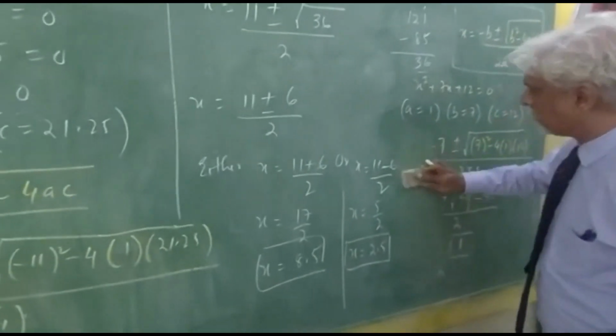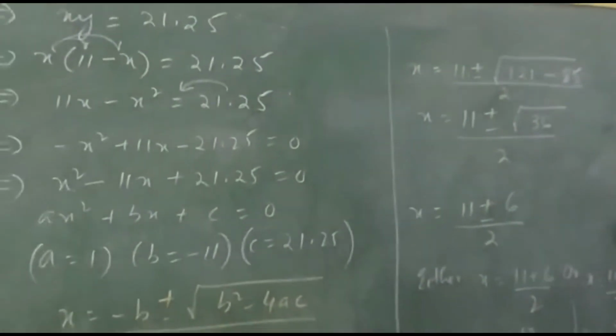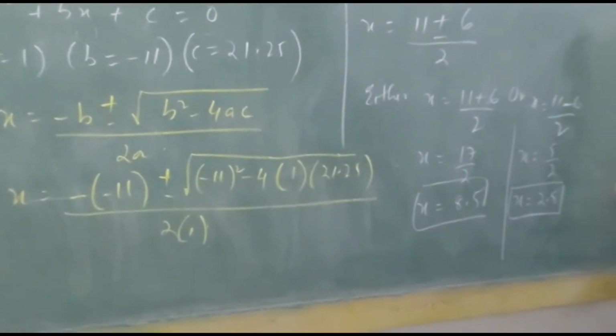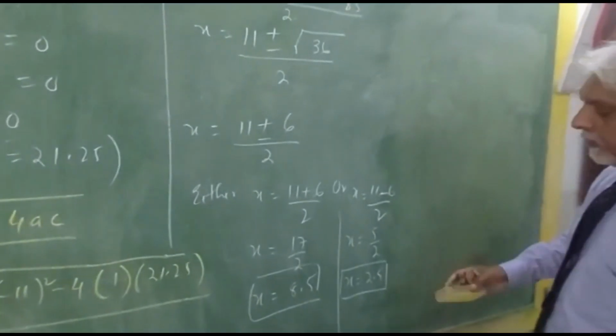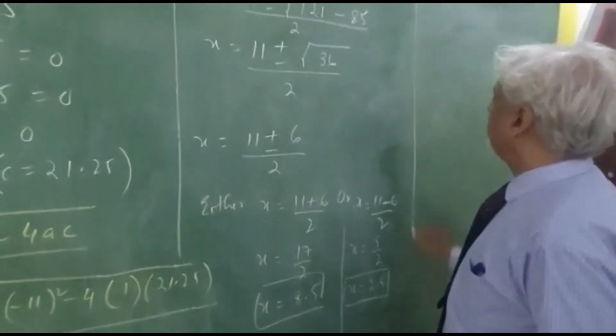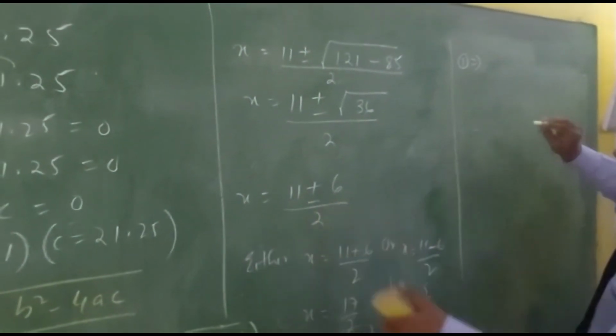So I've got two values of x. Now we need to find the value of y. We already know the value of x, so we can simply find the value of y. Let's substitute it in the first equation. The first equation was x plus y equals 11, as you can see over there.